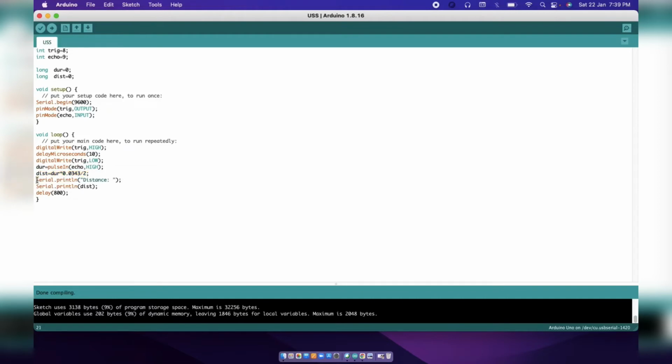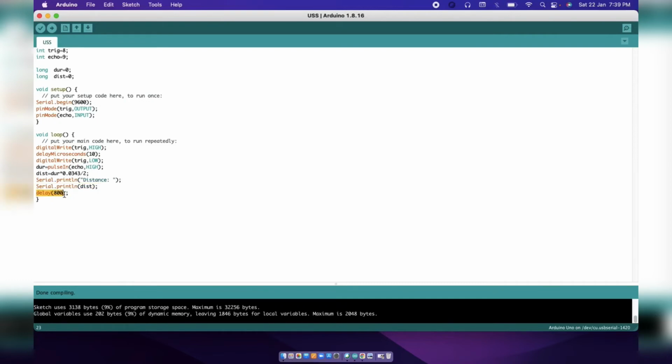So before that I will print Serial.println("Distance"). I will give some space in order to show the value of the distance in terms of centimeters, because we have calculated 0.0343 divided by 2 centimeter per microsecond. So Serial.println, after that Serial.println, in the brackets I am going to give the direct value, so that it will show distance equals the value in centimeters.